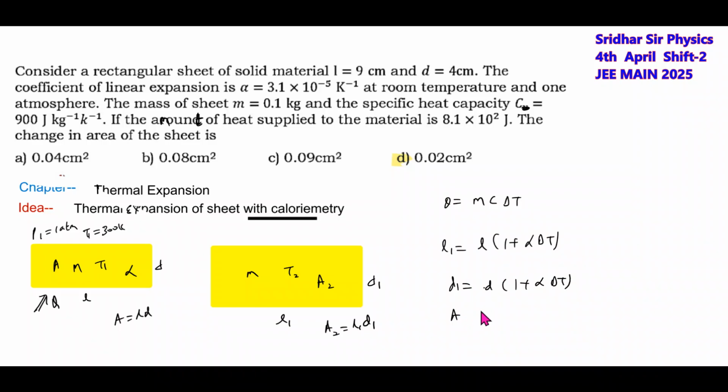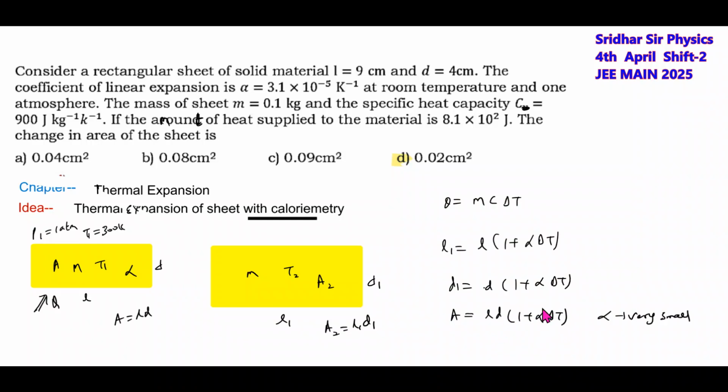Okay, fine. So this will be L D into 1 plus alpha delta T, all squared. Directly, if you do the approximations, alpha will be very small. Alpha is very small, therefore we can write it in this way.